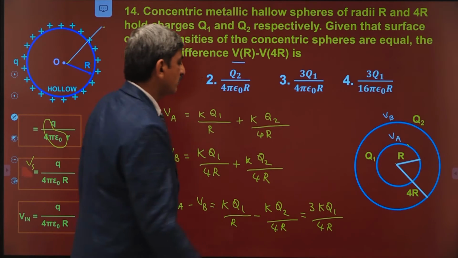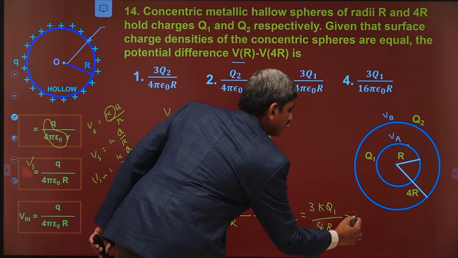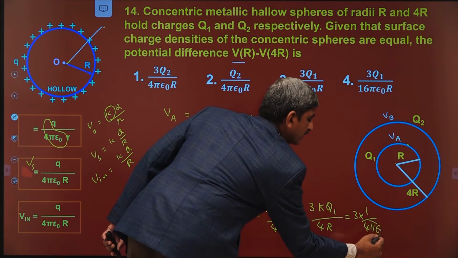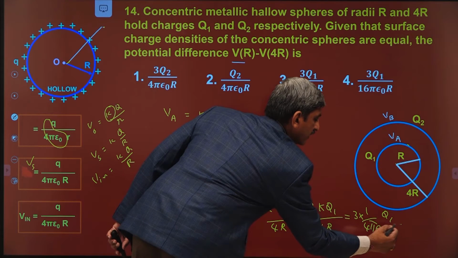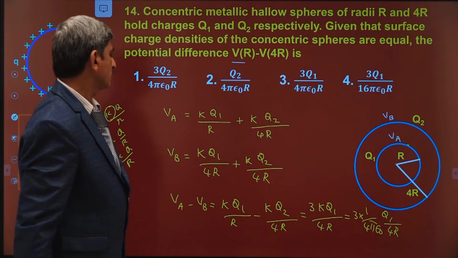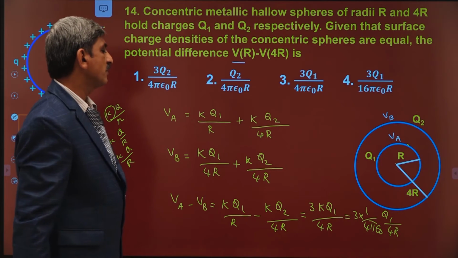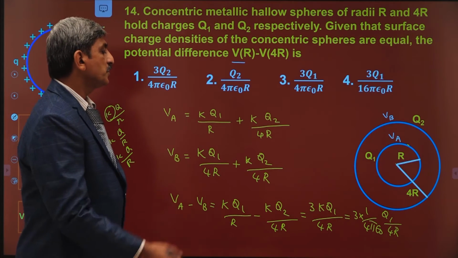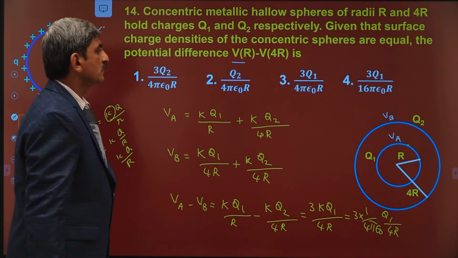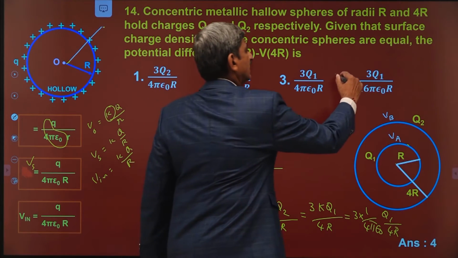Substituting that value, we have 3 into 1 by 4 pi epsilon naught times q1 divided by 4r. Simplifying, the potential difference Va minus Vb is equal to 3q1 divided by 16 pi epsilon naught r. So that is given in answer 4.